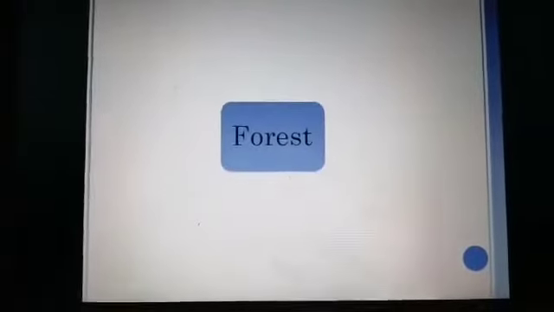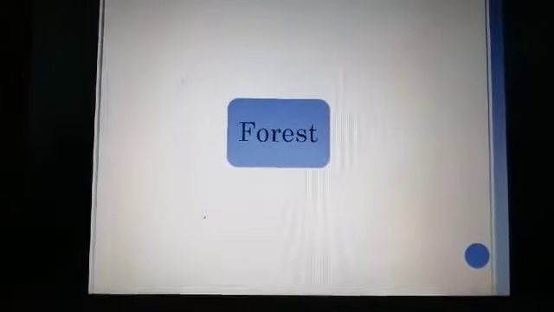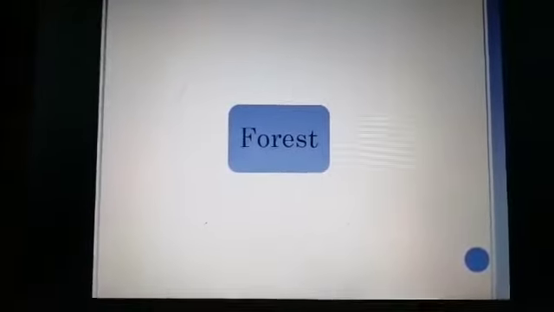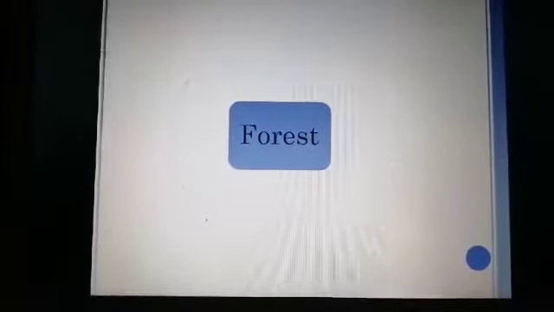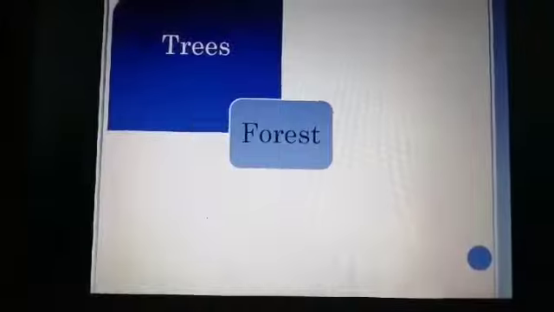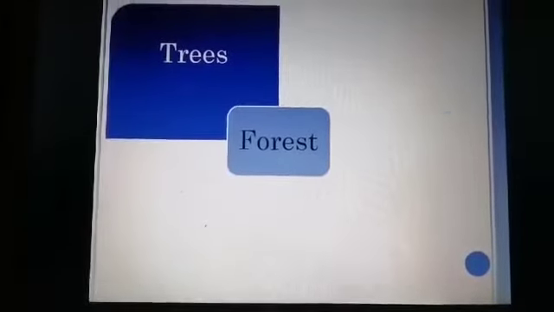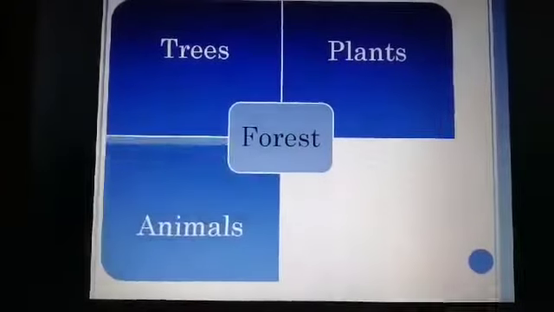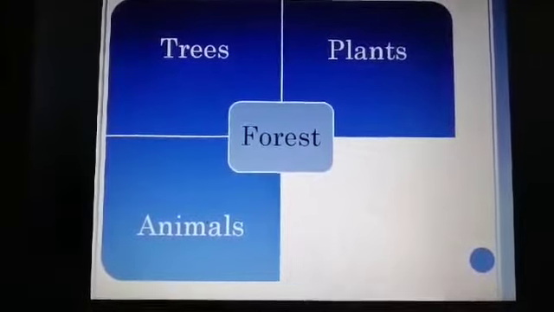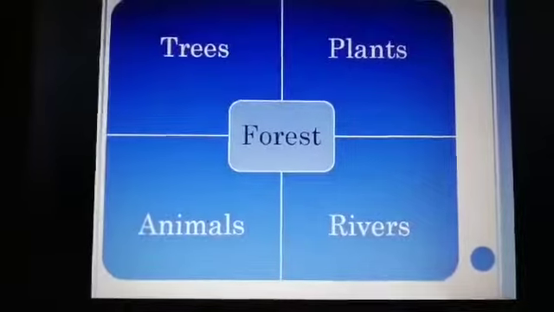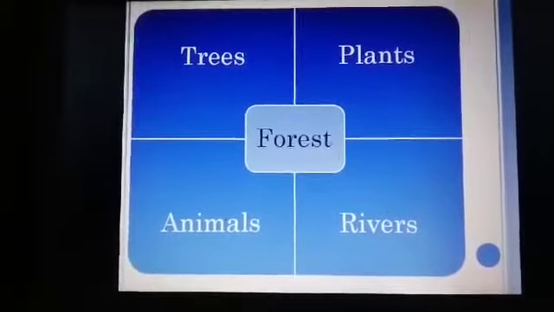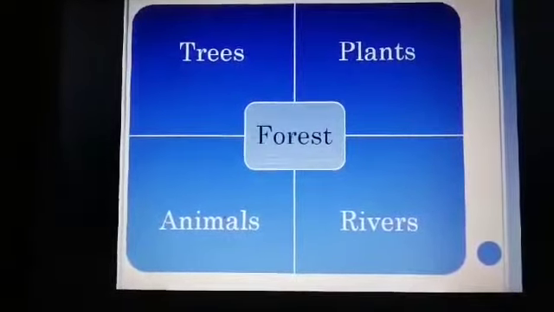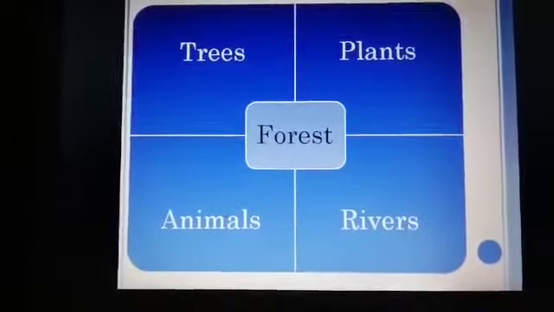Okay, so first of all, what can we find in the forest? Maybe trees, maybe plants, maybe animals, maybe rivers. Okay, so in the forest we find trees, plants, animals, and rivers.